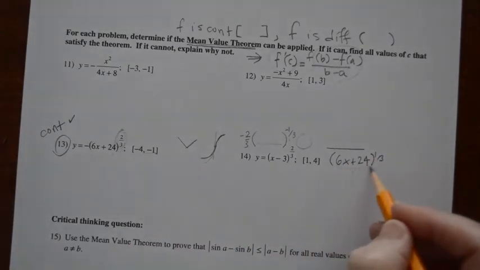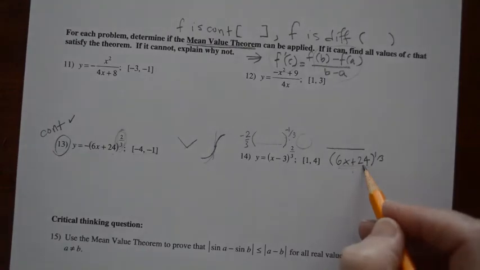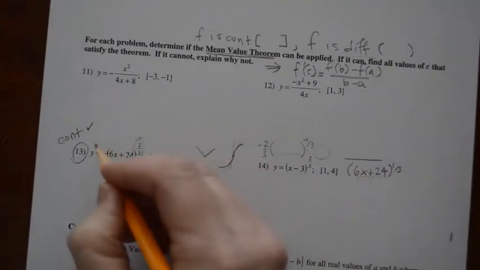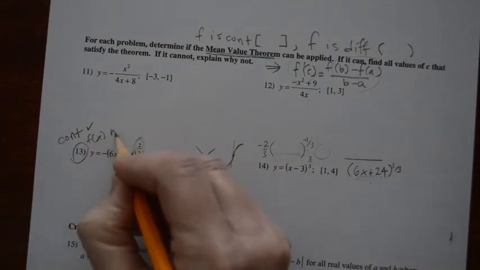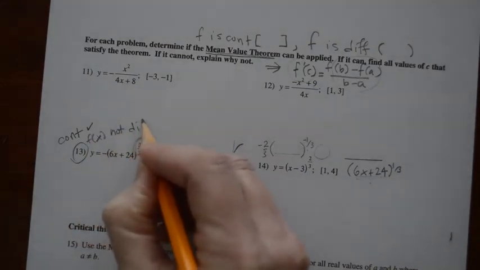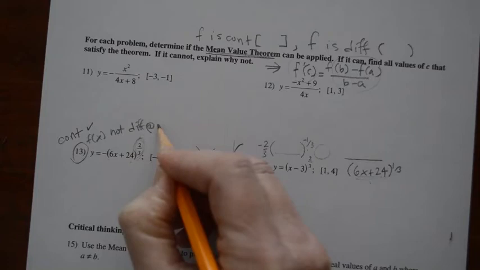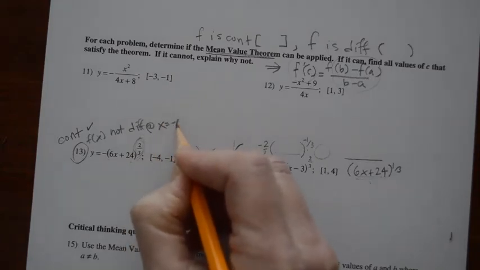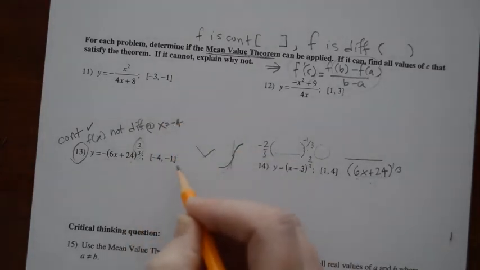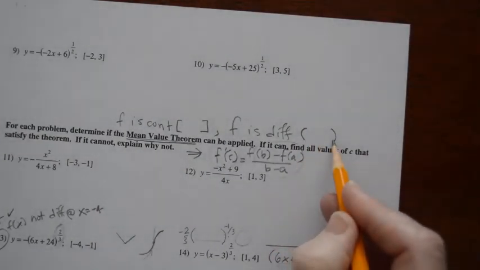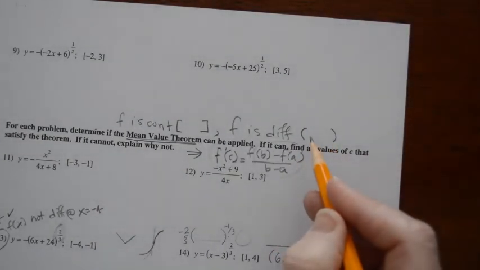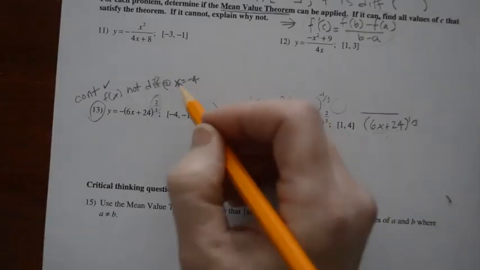Hopefully you can tell just by looking at this, it's going to be x equals -4. So f of x is not differentiable at x equals -4. We think, dang, that's in our interval. However, remember, it has to be differentiable on the open interval. So the open interval does not actually contain -4, right?